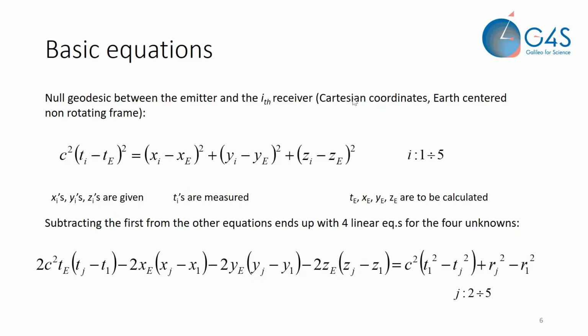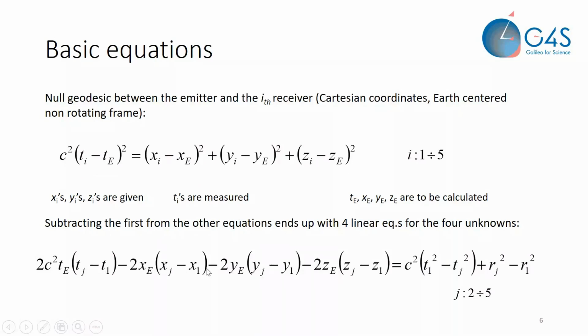Suppose you write your 5 equations like this. Then you subtract one equation from the other in pairs: we subtract the first equation from the second, and then from the third, the fourth, and the fifth. You are left with a system of 4 equations in 4 unknowns, where the squares of the unknowns have disappeared.